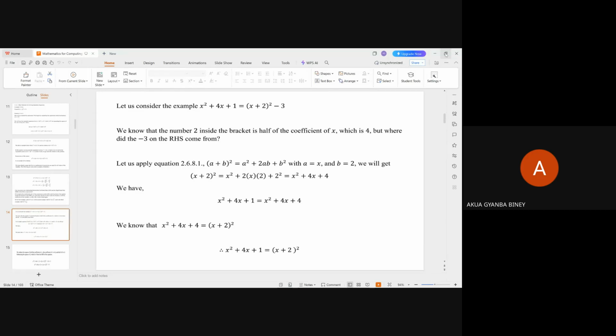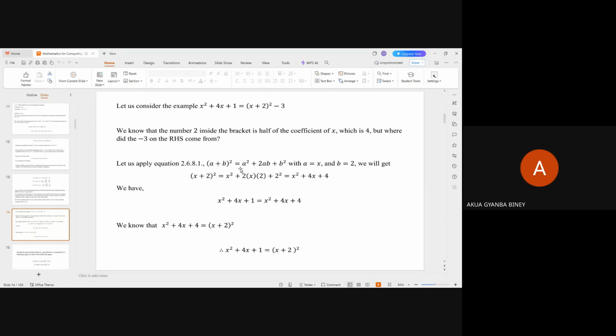We get x squared plus 2x plus another 2x plus 4. And if you further simplify, you get x squared plus 4x plus 4. So x plus 2 all squared is what gives us this.